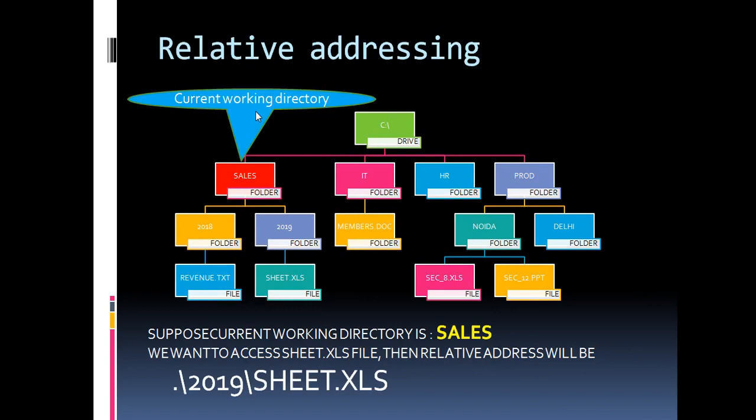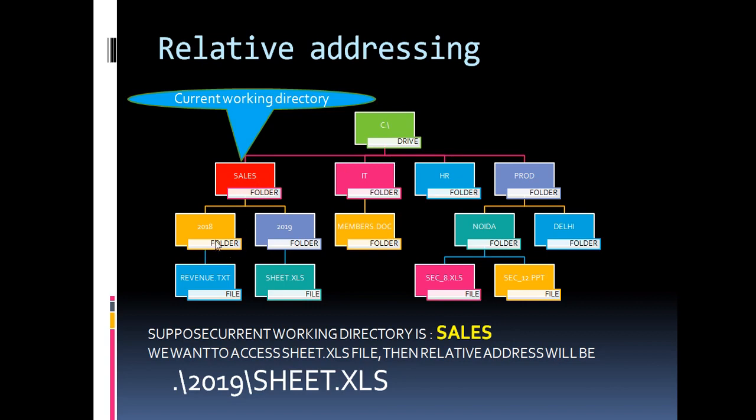Now let us see the current working directory. Suppose you are working in sales. Suppose the current working directory is sales. We want to access sheet.xls. Then the relative address will be: sheet.xls is under 2019, and dot means what? Your current working directory, you are not at C, you are at sales now.